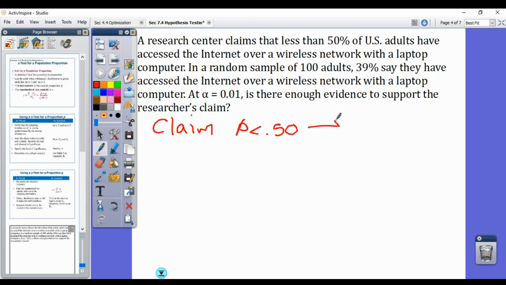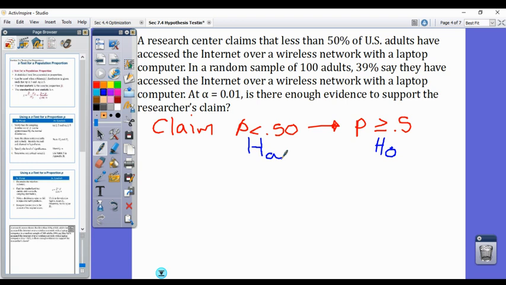The complementary statement to that is p is greater than or equal to 0.5. So my H naught in this case is p is greater than or equal to 0.5, and my alternative, my claim, is p less than 0.5.